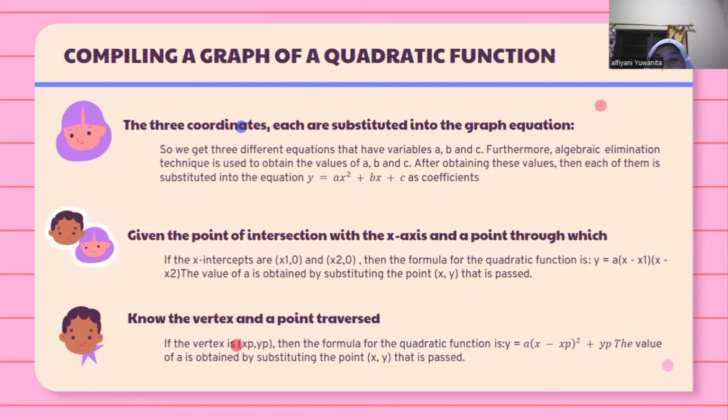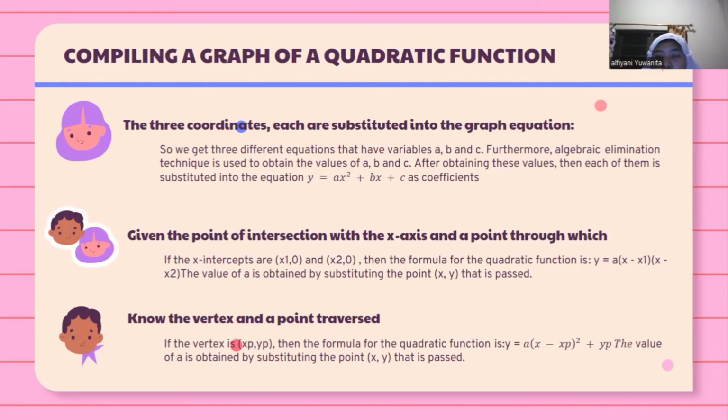After obtaining the values, each of them is substituted into the equation y equals ax squared plus bx plus c as coefficients.